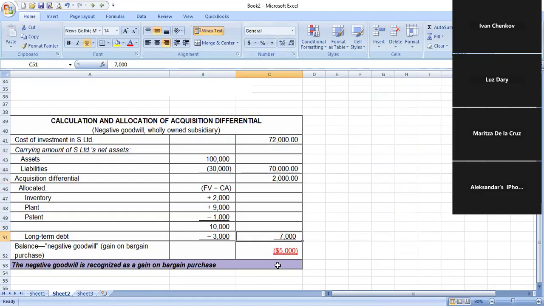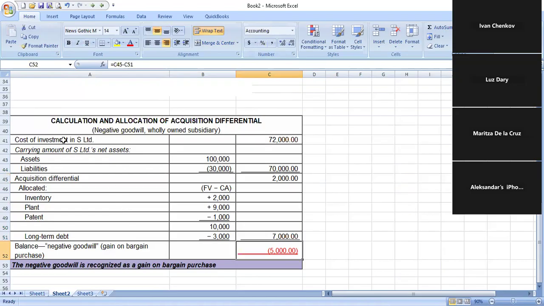And once I deduct those 7,000, this one will be equal to 2,000 minus 7,000. That's probably going to be a mistake, yes, because this should be 70, 1, 2, 3. So that's going to give me that $5,000 negative goodwill, right? But is it possible to have a negative acquisition differential and positive goodwill?